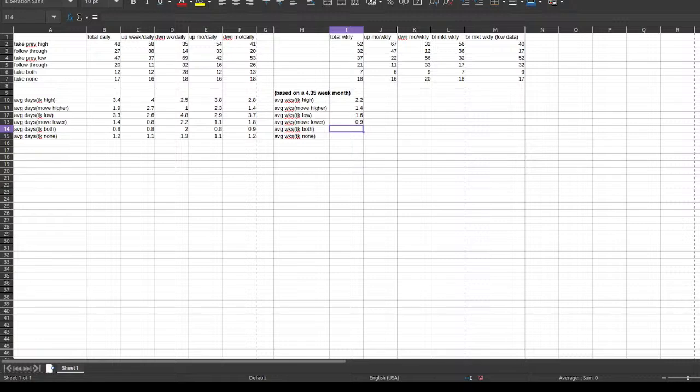However, we're still going to use it. 0.07 times 4.35 is going to be 0.3. And then it's the 18. 0.7, actually we'll call that 0.8 because it's so close to 0.8.